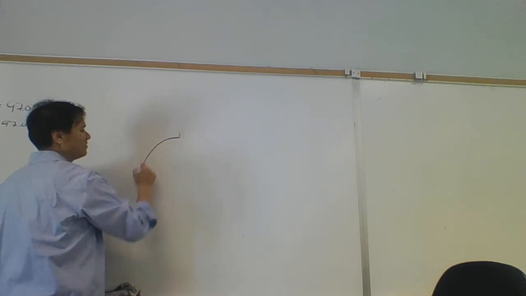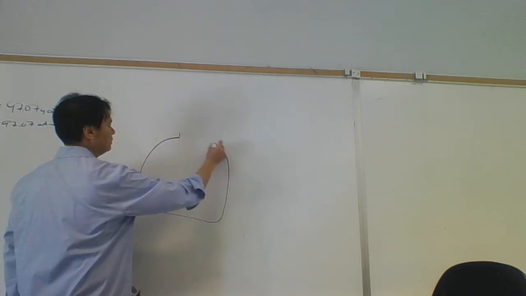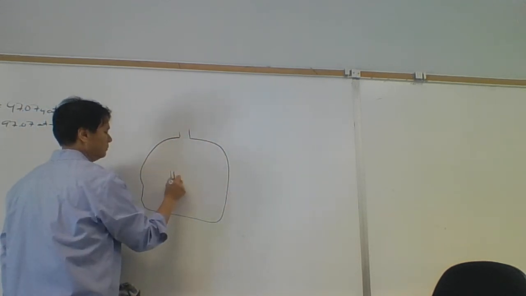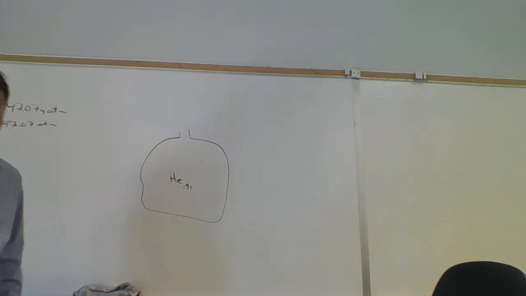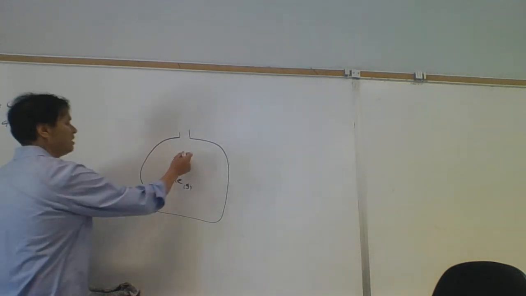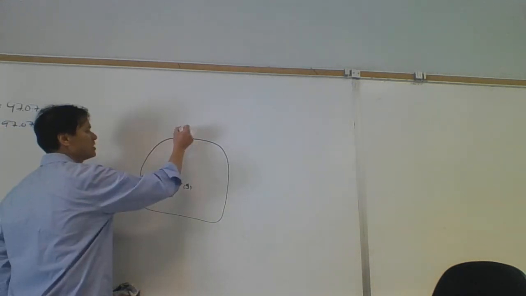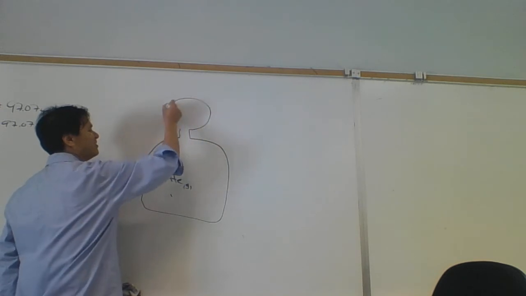Let's say we have a helium tank. It's just filled with gaseous helium. Should I say gaseous helium atoms or molecules? Let's say atoms. A bunch of helium atoms in here. Let's put a pressure gauge on here. Two types of pressure gauge.